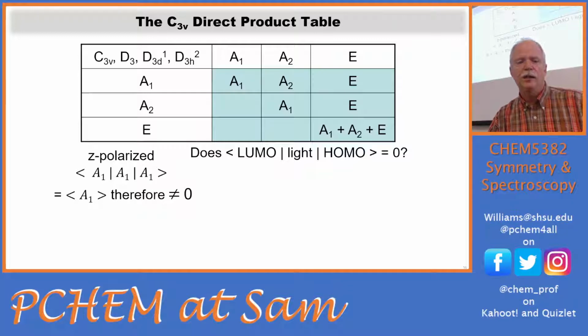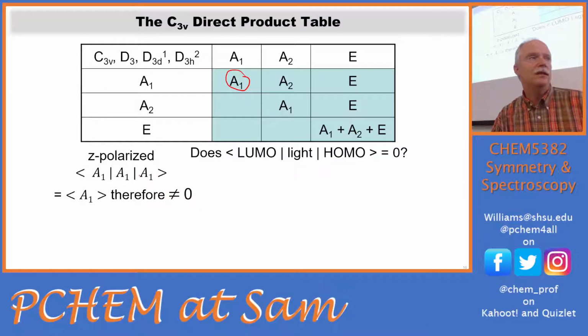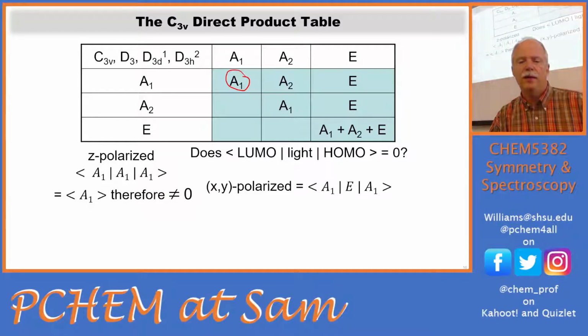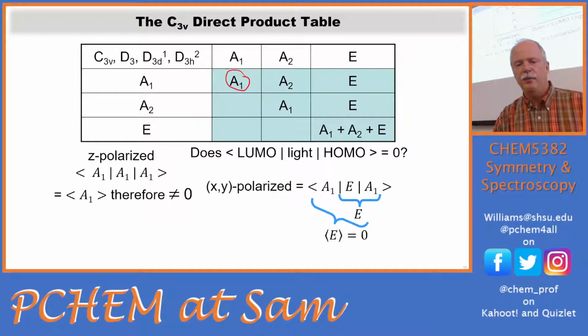Okay, so Z polarized light, sure enough, A1 times A1 times A1. Again, the direct product table, A1 times A1 is always going to be A1. So it's not equal to 0. So Z polarized light could cause this transition to occur. What about XY polarized light? It happens to have E. So E times A1 is E, and then E times A1 is E, so therefore it's equal to 0.